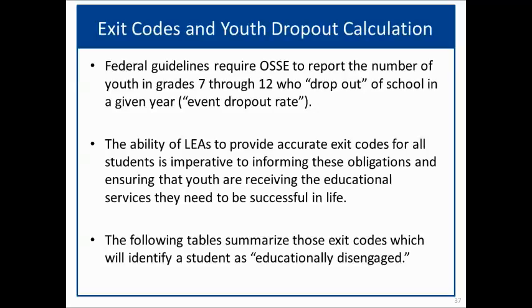The ability of LEAs to provide accurate codes for all students is imperative to inform those obligations and ensure that youth are receiving the educational services that they are entitled to, really, and that they would need to be successful in life. And so we're going to present to you a table which summarizes those codes that will identify that the student is educationally disengaged or dropped out.